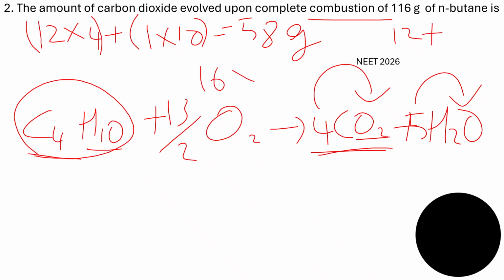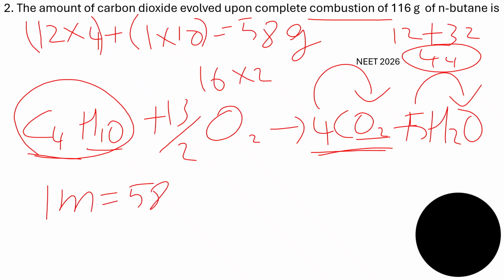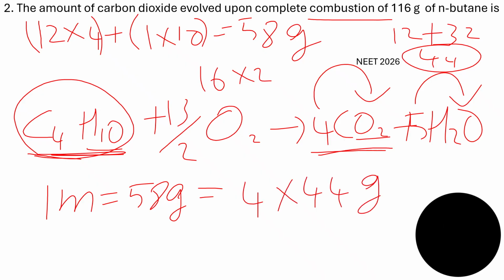There are 2 oxygens, 16 into 2 is 32. Plus 12, it gives 44. One mole, which is 58 gram of n-butane, gives 4 moles of 44 gram of carbon dioxide.